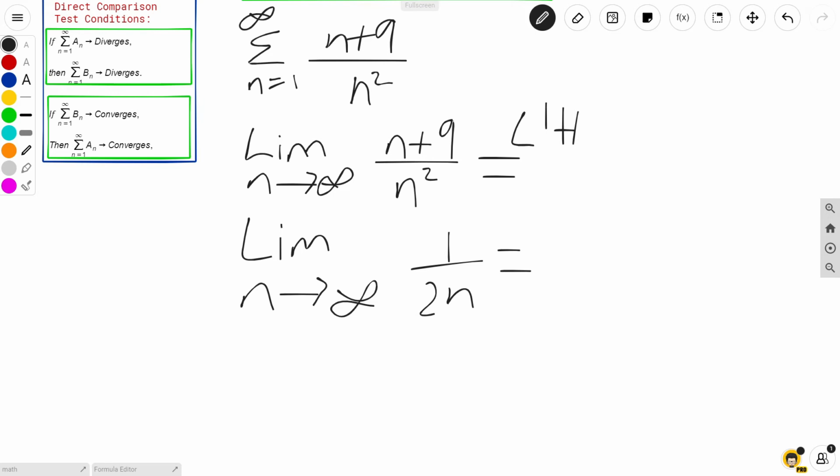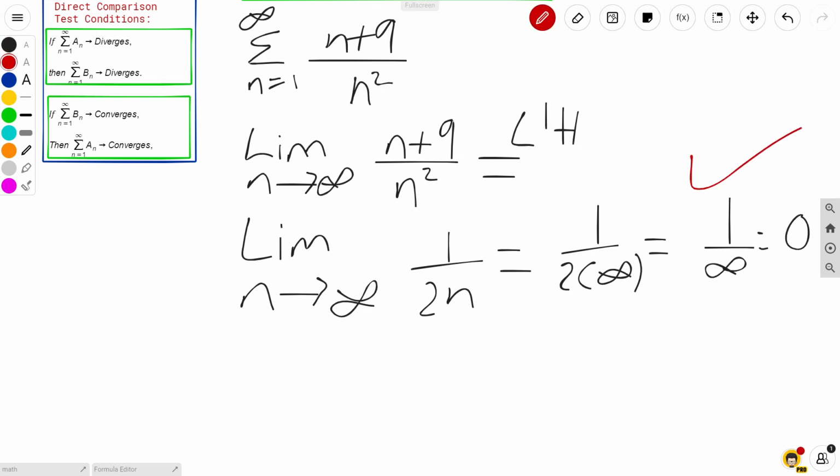So when we compute this limit, whenever we plug in, we get 1 divided by 2 times infinity, which is simply equal to 1 over infinity, which is simply equal to 0. So therefore, we have passed the condition for divergence.